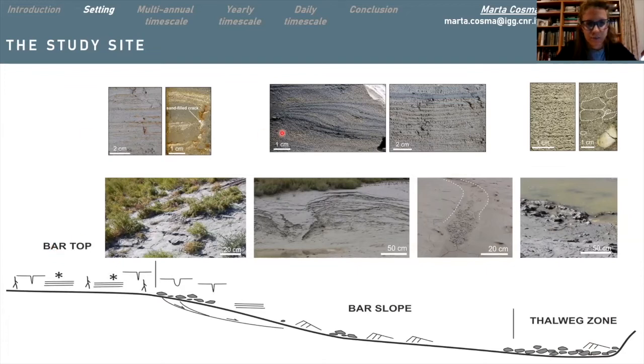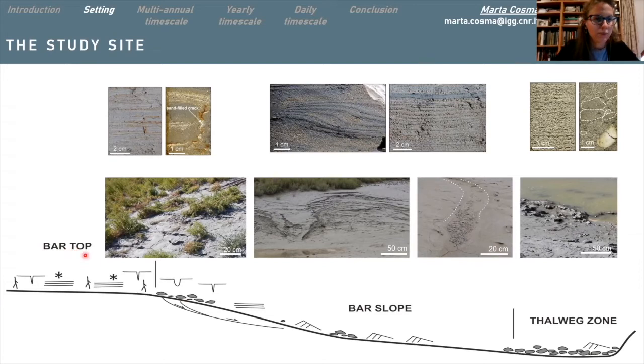The plane bed and cross ripples, current ripples, are quite common, and they show a tidal rhythmicity.